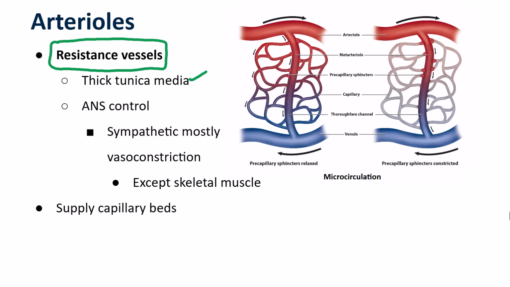Alpha clamps down. But there are also beta receptors. Beta receptors are more stimulated by epinephrine than norepinephrine. And in tissues such as skeletal muscle, sympathetic stimulation can actually lead to vasodilation. And so there's this duality here.